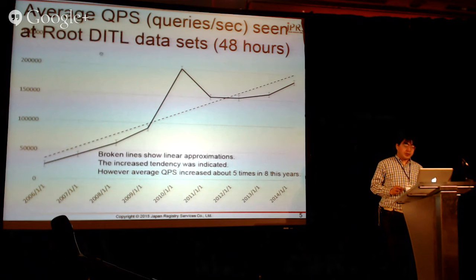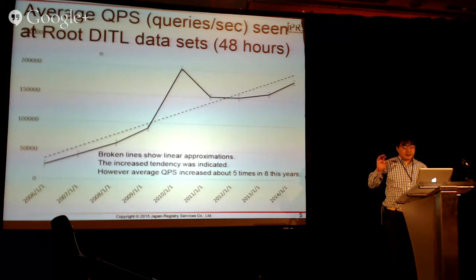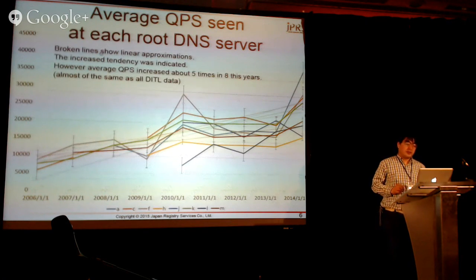However, average queries per second increased about 5 times in these 8 years. And this graph shows average queries per second seen at each root DNS server, and the broken lines show linear approximations. The increasing tendency was indicated. However, average queries per second increased about 5 times in 8 years, almost the same as all DITL data.